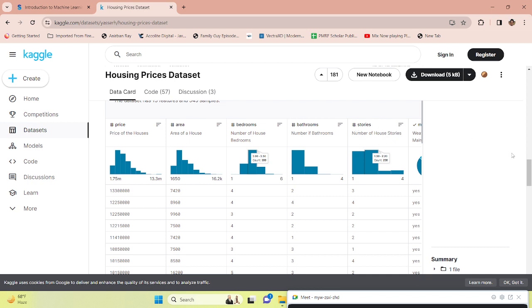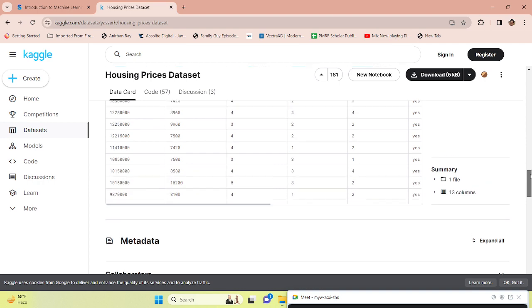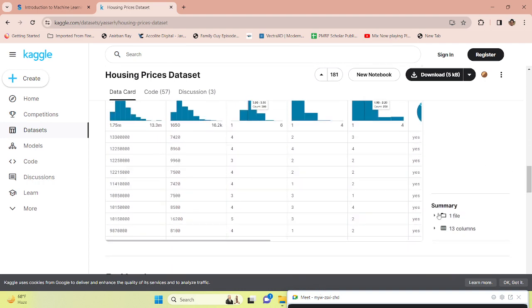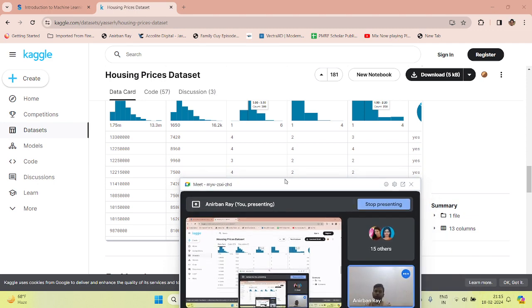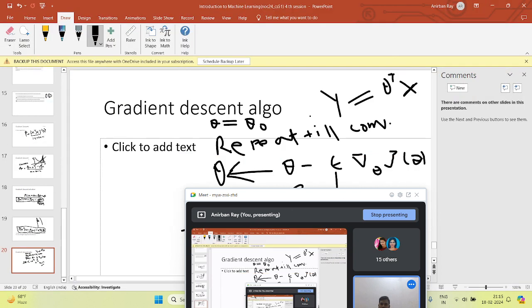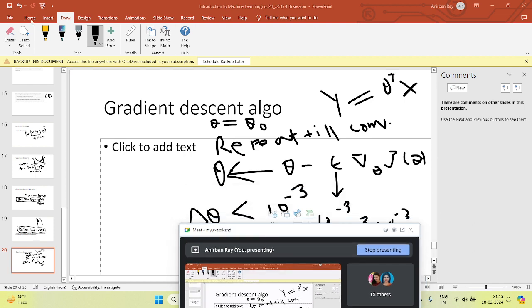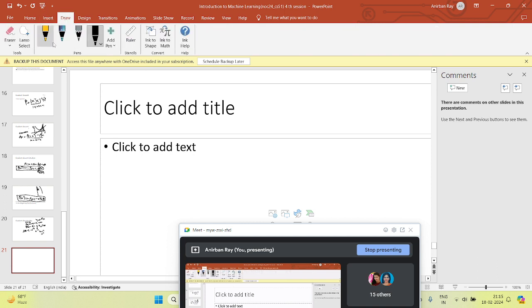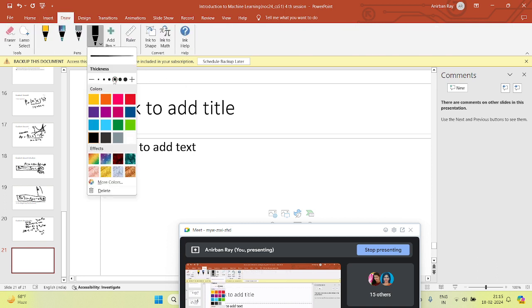You have to fit a linear regression model, that is y equals theta 0 plus theta 1 x1 plus theta 2 x2, like that. Take it as an assignment. If you don't code, it's very hard to learn, MCQs will not do the trick.